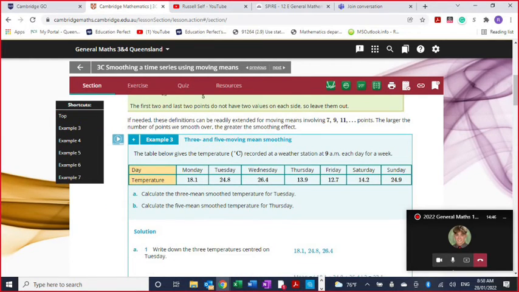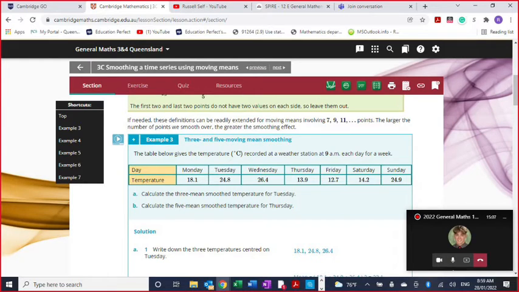Here we go. We have some days of the week and some temperatures. We want to calculate the 3 mean smooth temperature for Tuesday. And I can do Tuesday because there's Monday and Wednesday on either side of it. I couldn't do Monday because there's no value before it, right? So I could do Tuesday. So all I need to do is take these 3 values. Here they are.